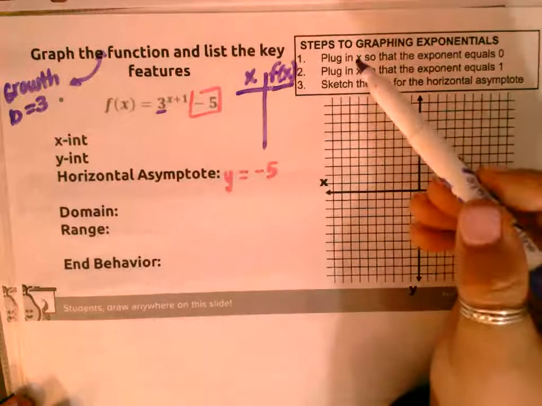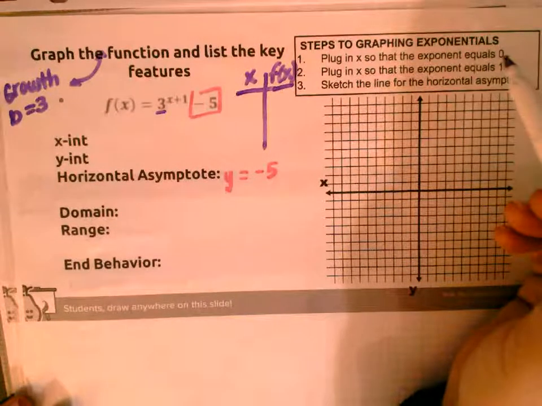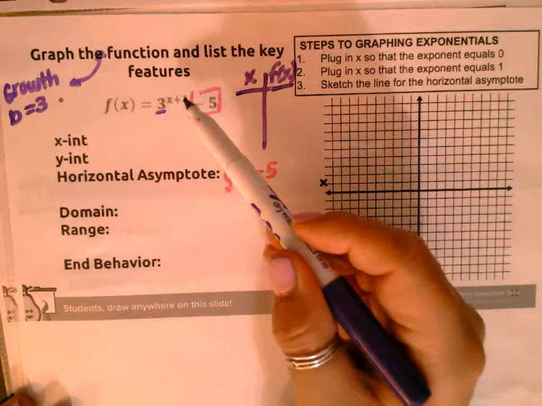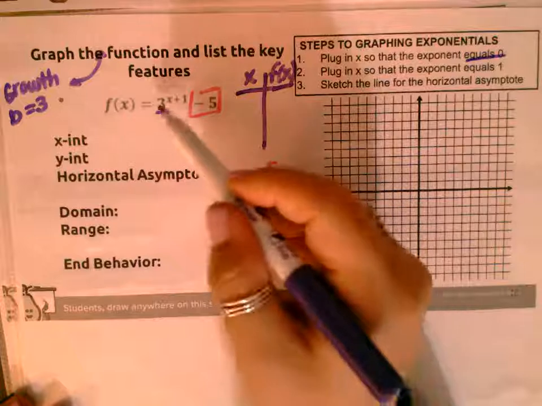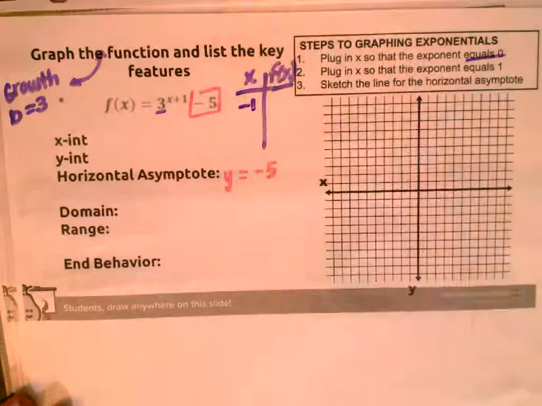I need to figure out what x has to be so that the overall exponent is 0. Why do I want that? Well, because anything to the 0 power is 1. It's real easy to figure out. So what plus 1 equals 0? Well, that would be negative 1.